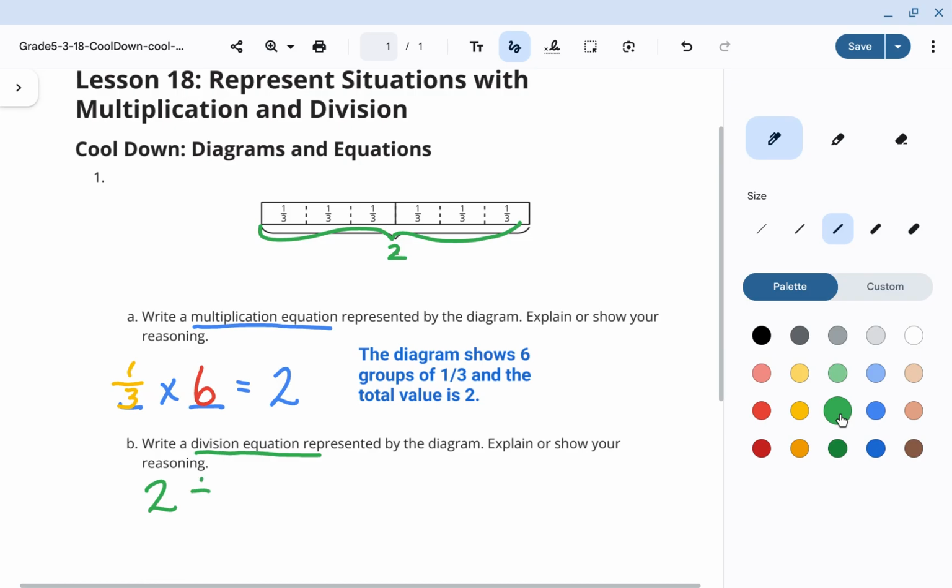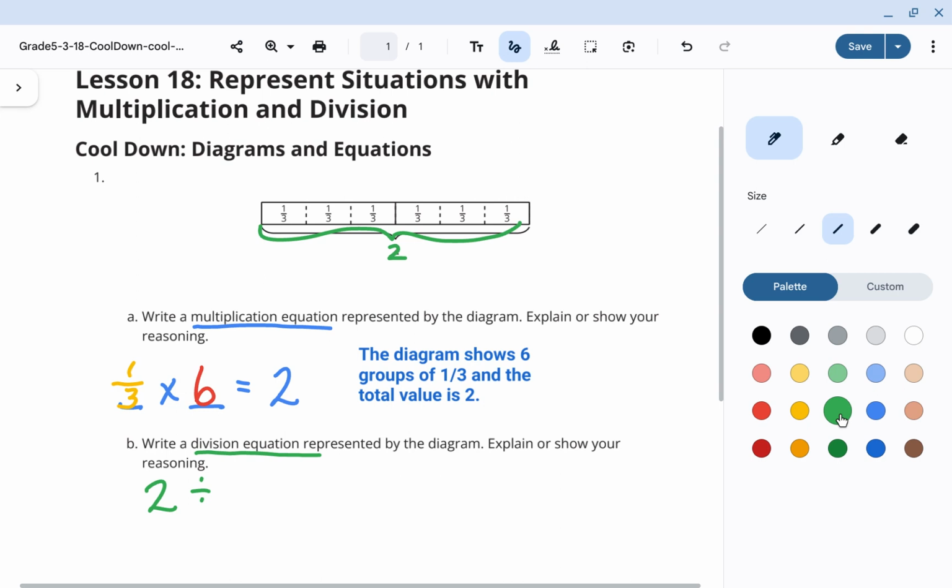Now, our second number in our division sentence could represent the portion size, or it could represent the number of groups, right? So I'm going to go ahead and choose for it to represent the portion size. 2 is broken up into pieces. What is the size of the piece?